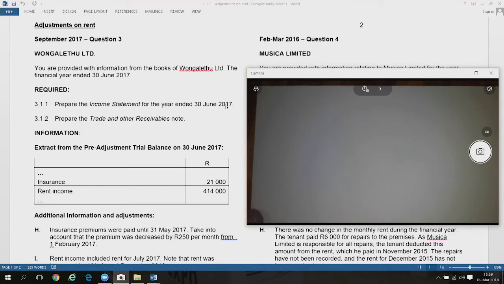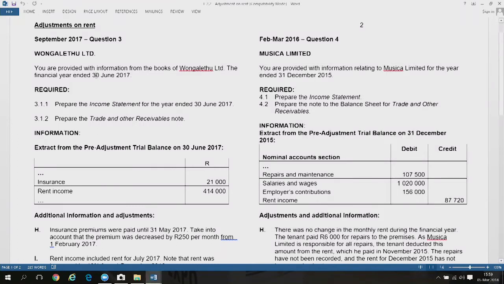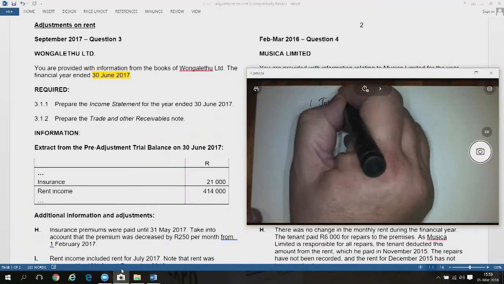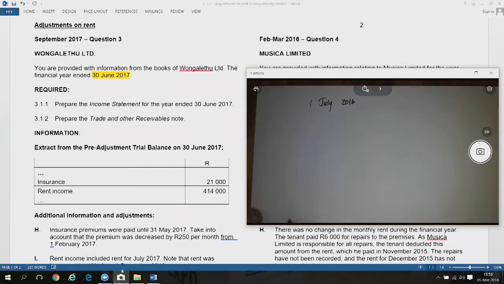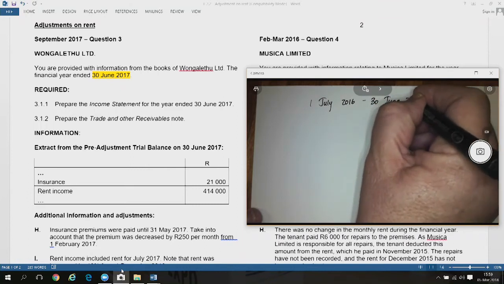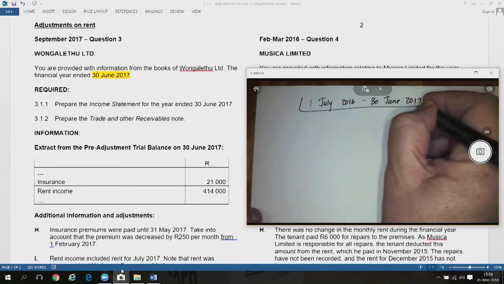Okay, your accounting period, this is the end of the year, so it is from the 1st of July 2016 until the 30th of June 2017.